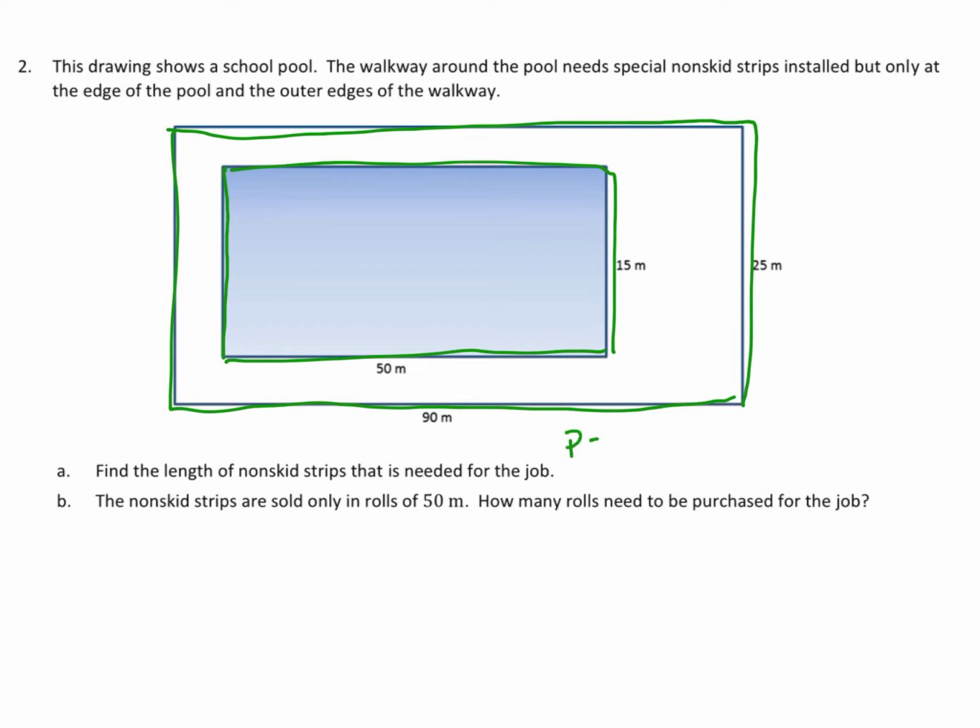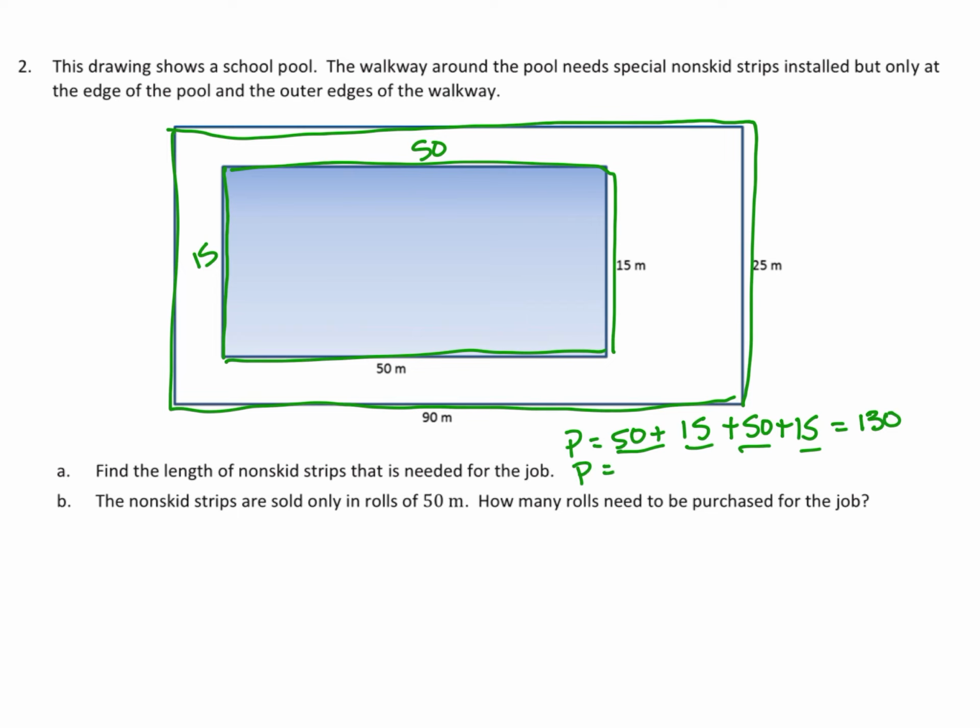So the perimeter of the pool, don't forget the other 2 sides. 50 and 50 make 100, and 15 and 15 make 30.